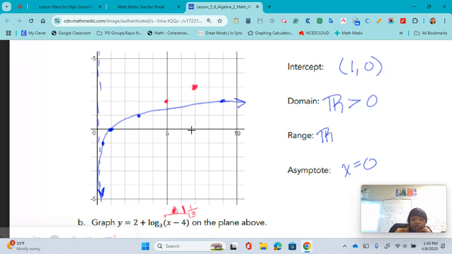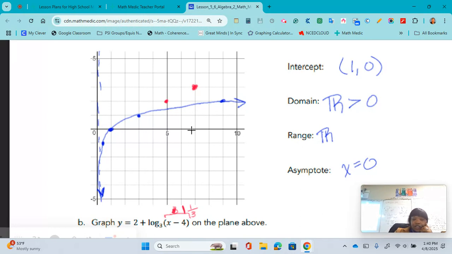All right. So in order for me to get this to equal 1/3, it will give me a fraction. This would need to be 4 and 1/3.